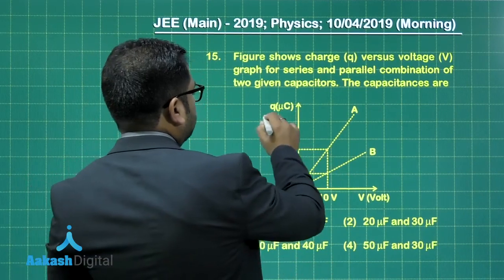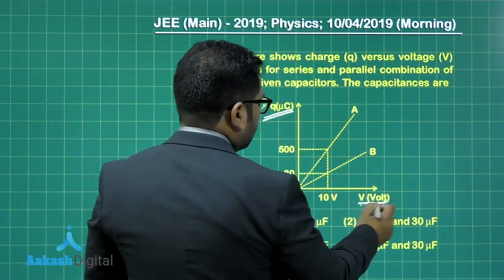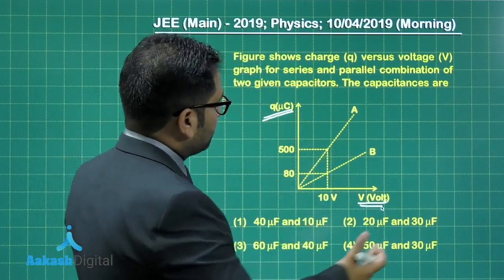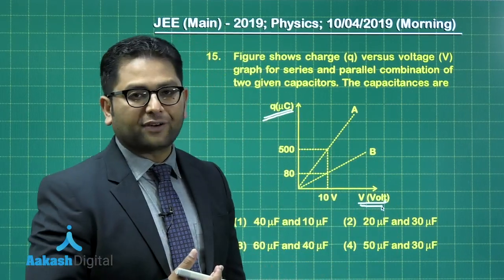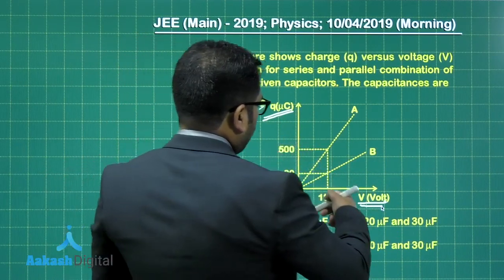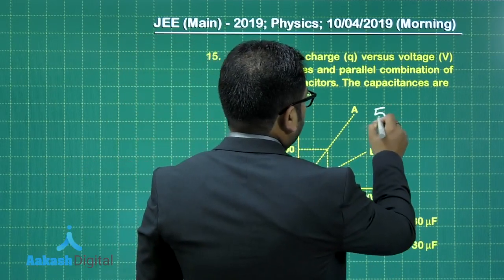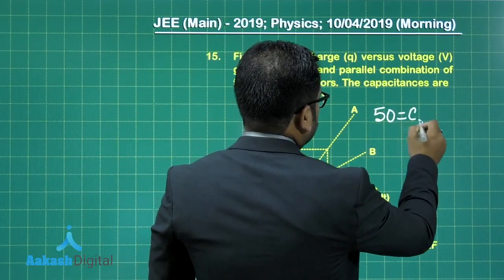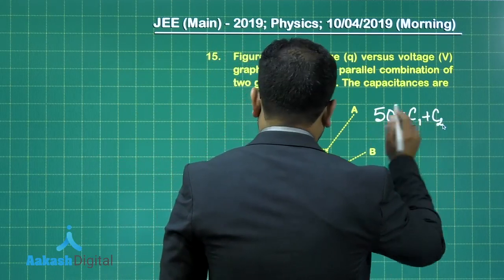I would prefer to keep the unit in microcoulomb and V in volt itself, because that would give me capacitance in microfarad, and that is matching with the given options. So 500 by 10, which is 50, and that will be equal to C1 plus C2, okay?